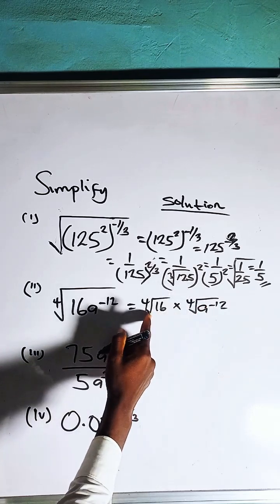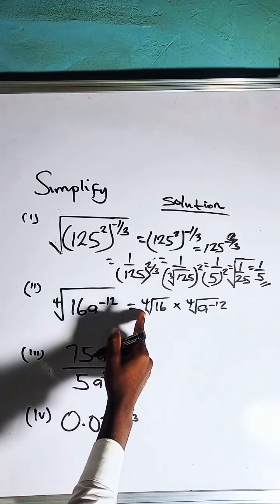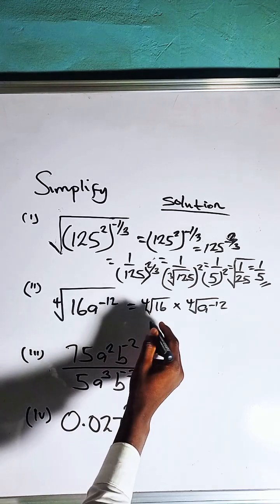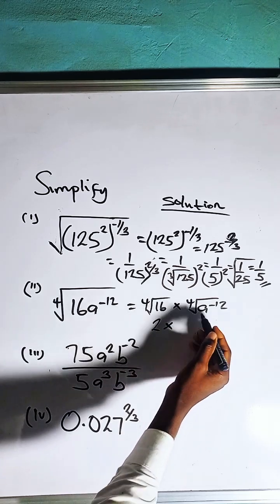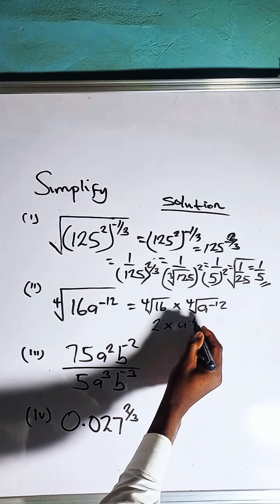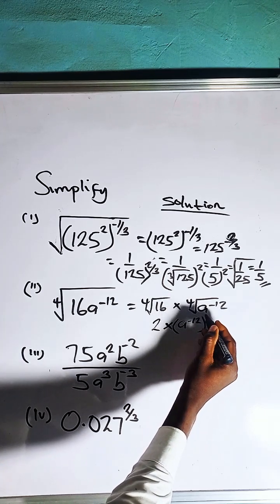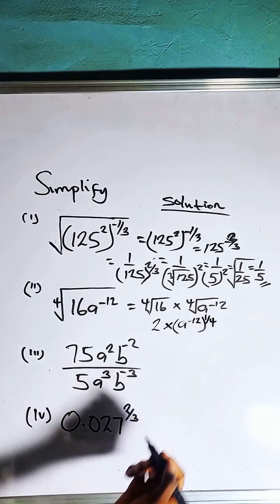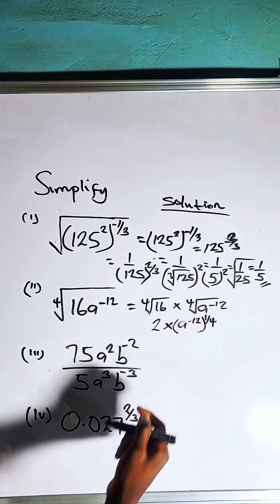For the fourth root of 16, it means a number we can multiply by itself 4 times that will give us 16, that is 2. So we have 2 times a raised to the power minus 12. For the fourth root, we reverse it as 1 over 4, which will be the new exponent.